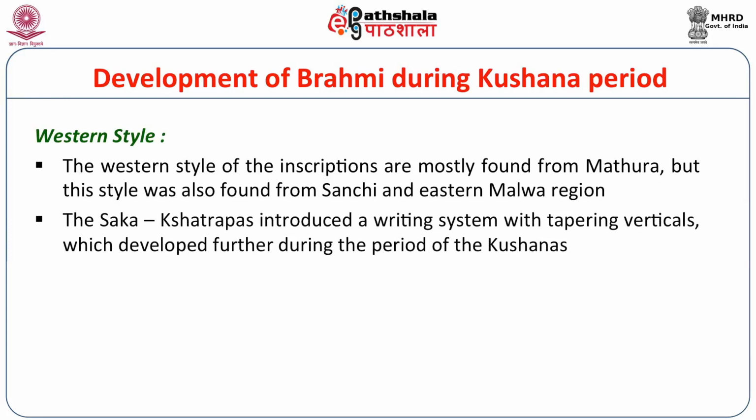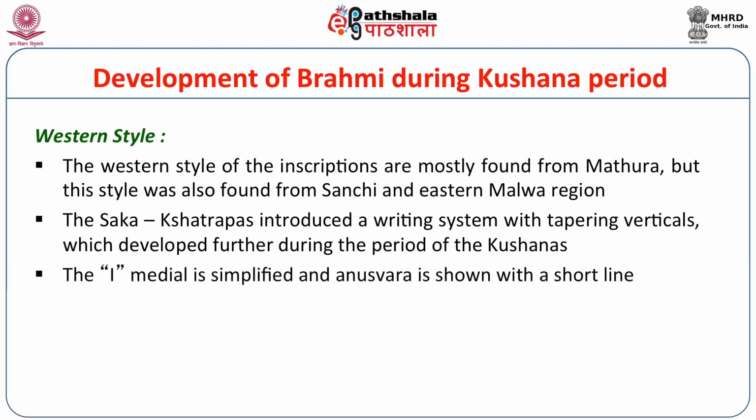The Shaka Kshatrapas, as we have seen above, introduced a system of writing with tapering verticals, which further developed during the period of the Kushanas. And the medial I is simplified and Anuswara is shown with a short line. You find two dots vertically arranged and another stroke is added. That's how a change is taking place.